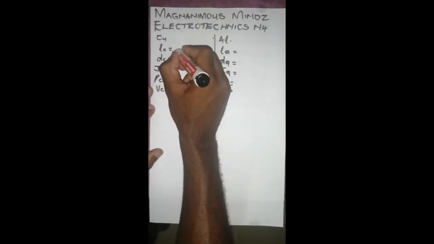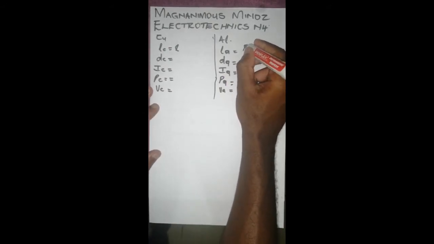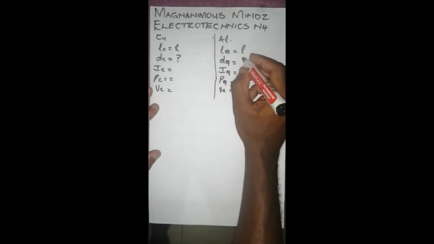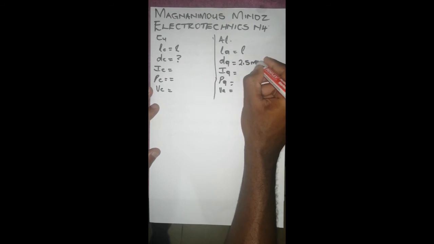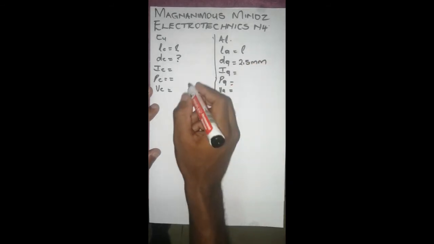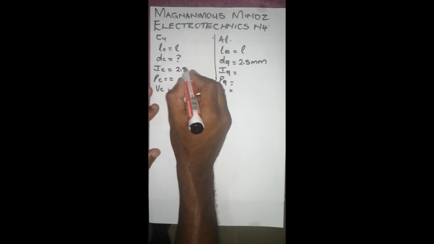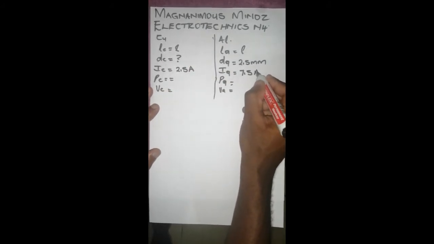The length for copper is unknown. Let's say it's L. Since it's equal to the length of aluminum, it's also L. The diameter on the copper side is unknown. The diameter on this side is 2.5 millimeters. The current for copper, we are told it's 2.5 amps out of a total of 10, so this one will be 7.5 amps.